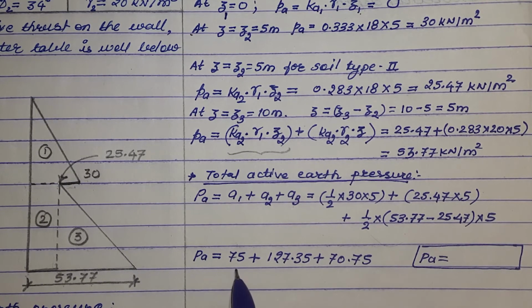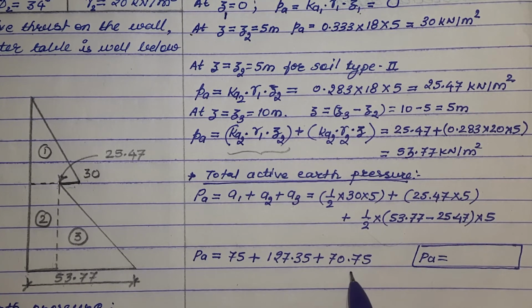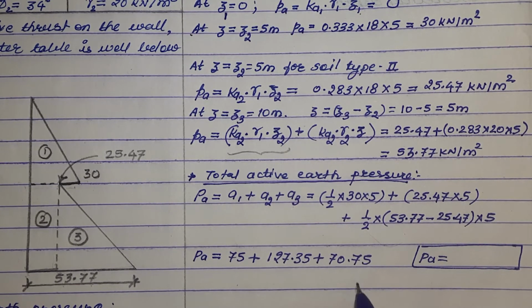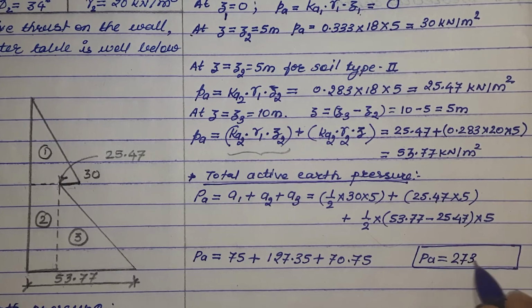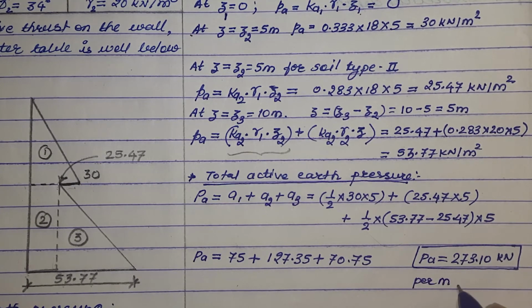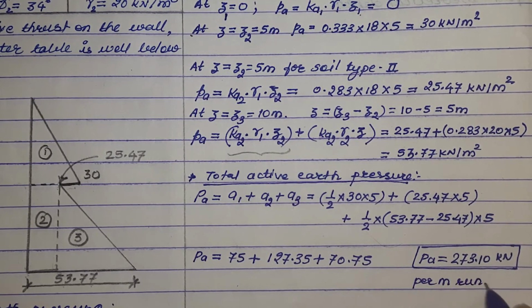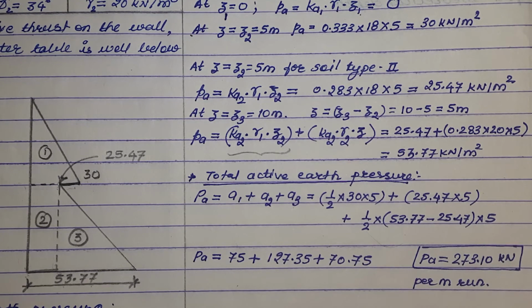So area 1 comes out to be 75, area 2 is 127.35 and area 3 is 70.75. Thus, the total area or total active pressure comes out to be 273.10 kilonewton per meter run of the wall, means per meter length of the wall.